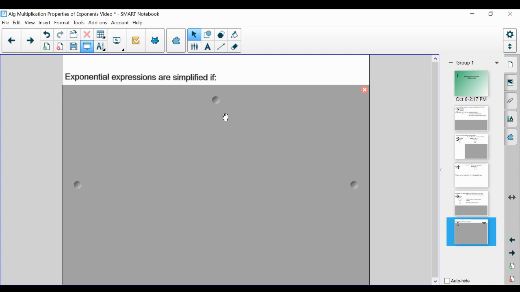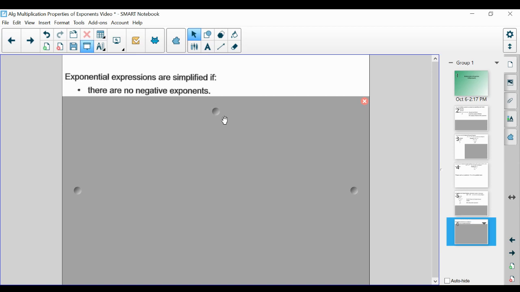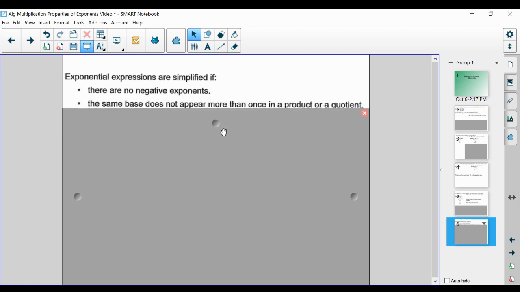We know they are going to be simplified if there are no negative exponents, and if the same base does not appear more than once in a product or a quotient. Do we have multiple x's? Is it x squared times x to the third, or is it just x to the fifth? We only want to have the base written once. We're all about that base, right, Meghan Trainor?